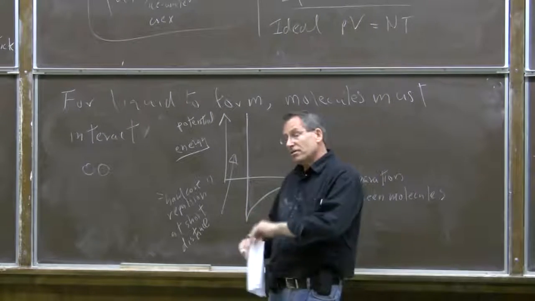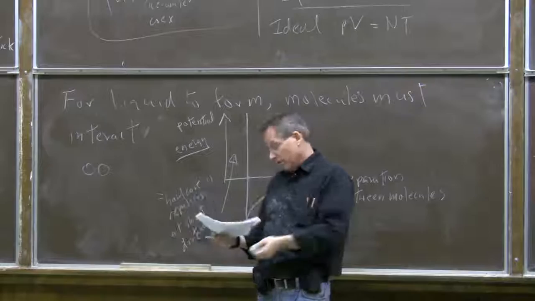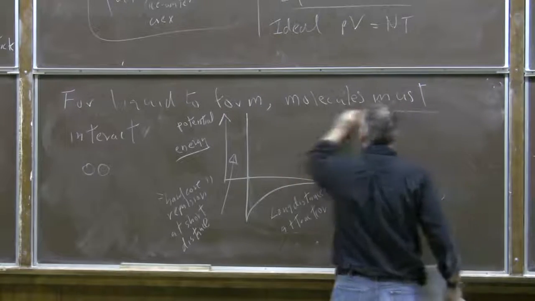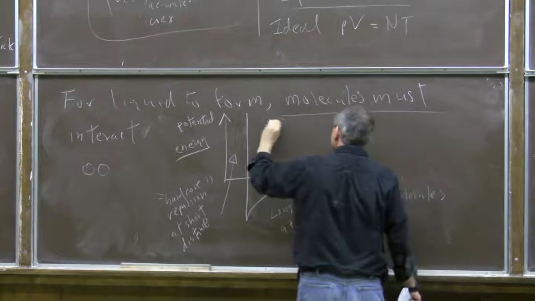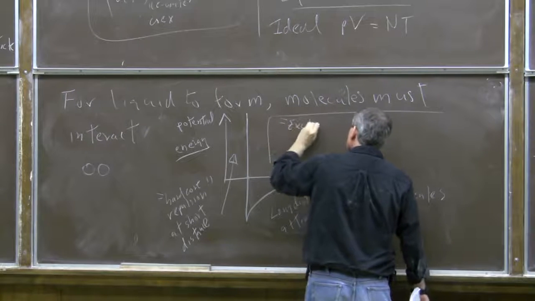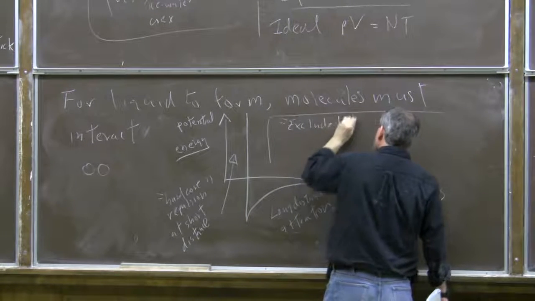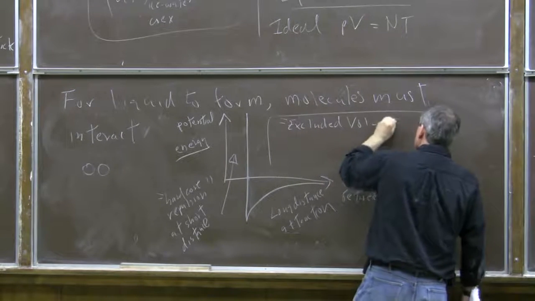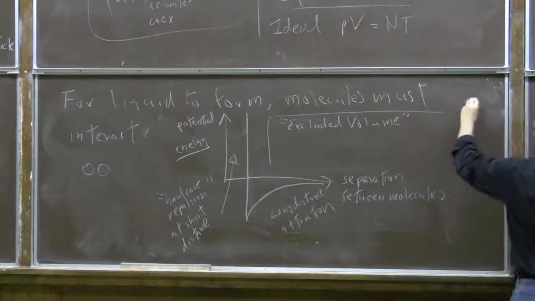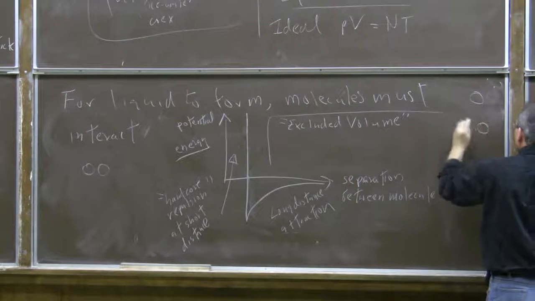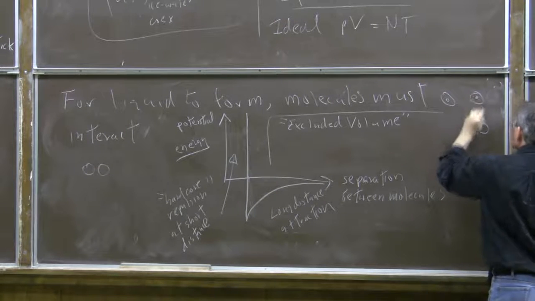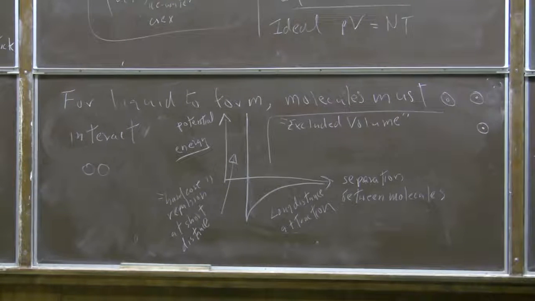And to model the effect of the hard core, I'll just say there's some excluded volume. Around each molecule, there's a region of some finite fixed size where the other molecules can't go.